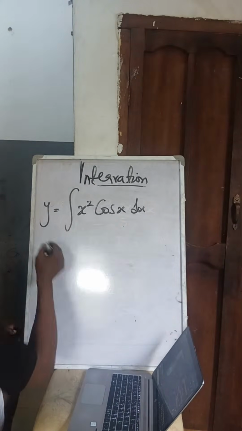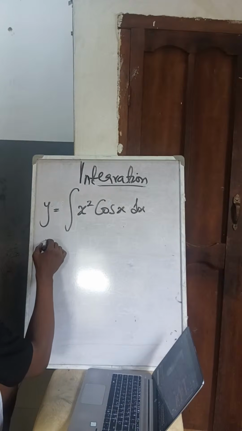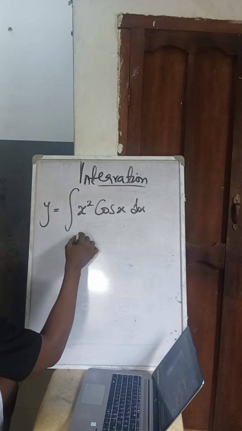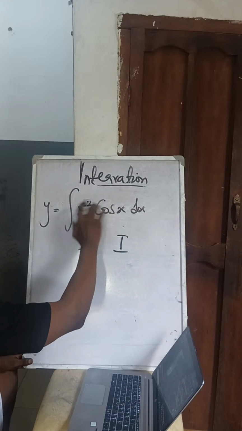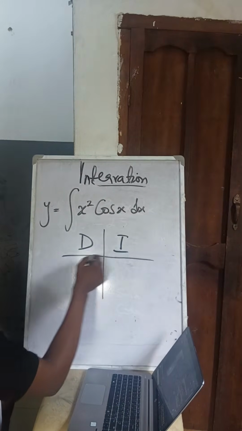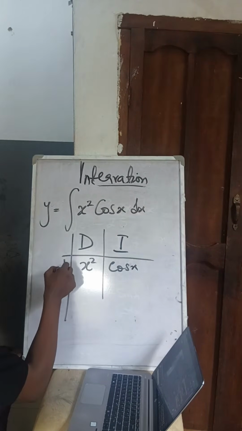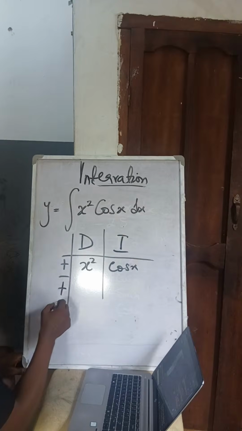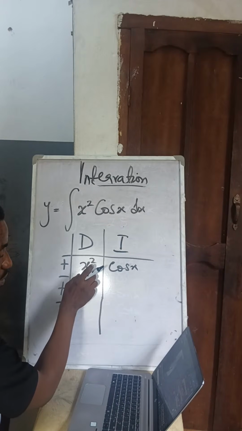Okay, so we apply the DI method also. When you see x squared and cos, whether sine, cos, or anyone, just use x squared and put it in D already. So here is x squared and here is cos x. Then here is plus, minus, and so on. So differentiate x squared, what will you get?